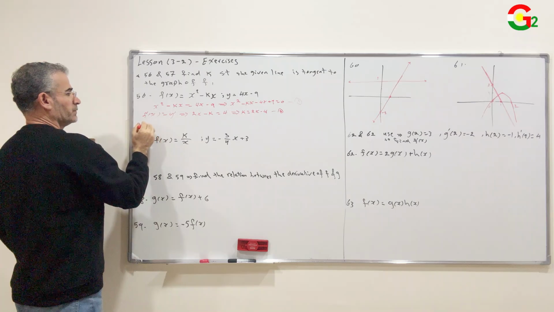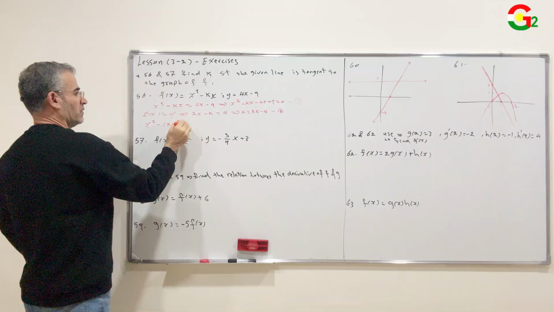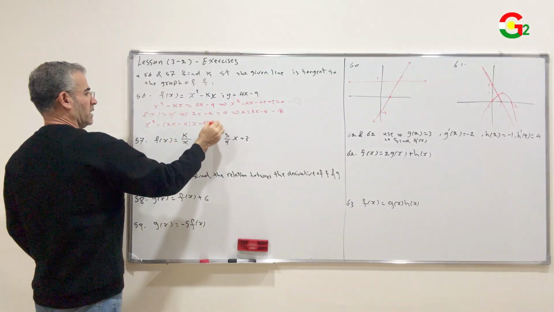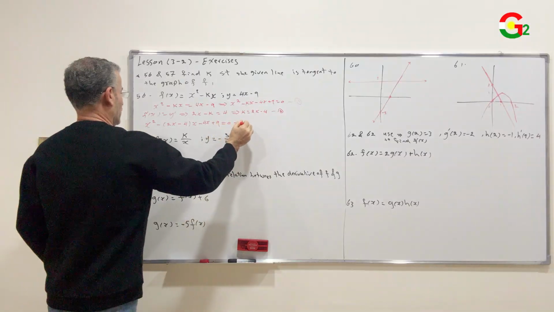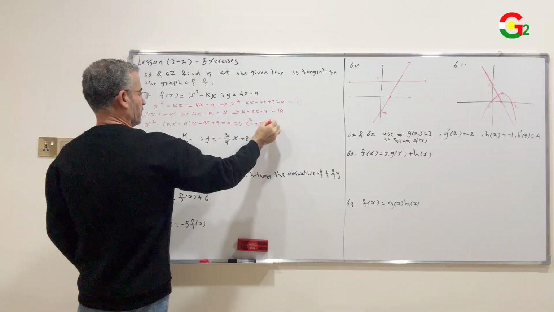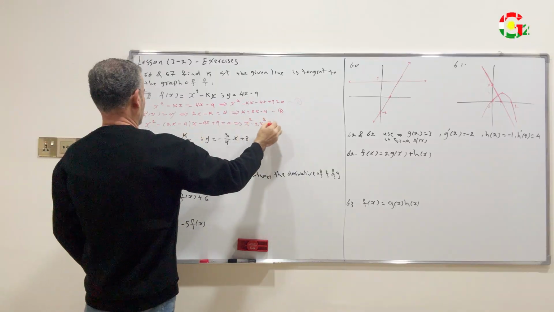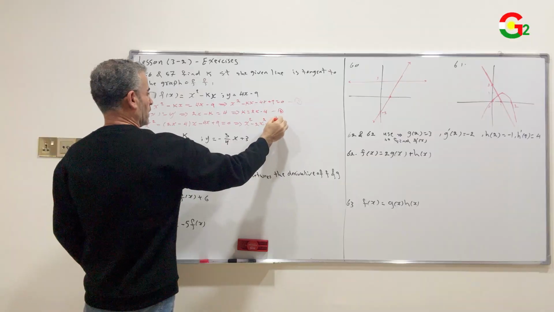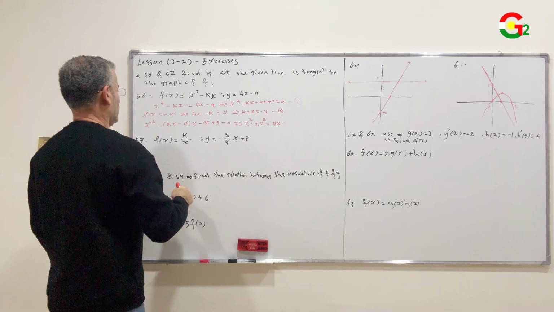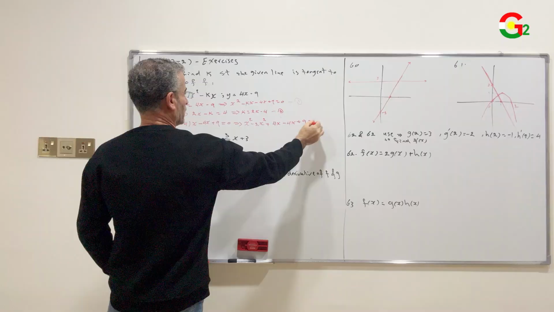x power 2 minus (2x minus 4) times x minus 4x plus 9 equals 0. Then x power 2 minus 2x square plus 4x, plus 4x minus 4x plus 9 equals 0.